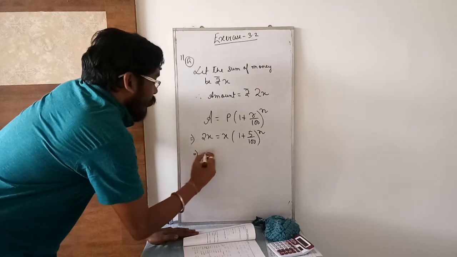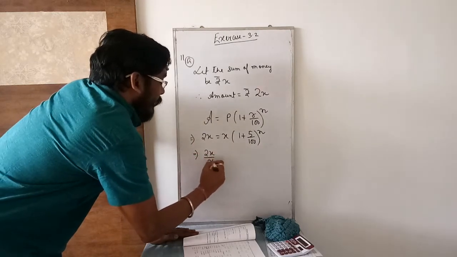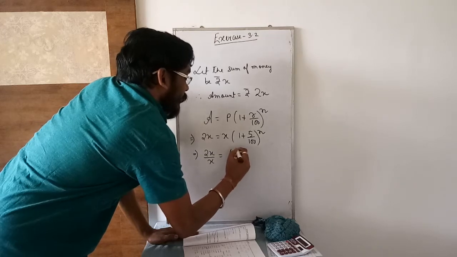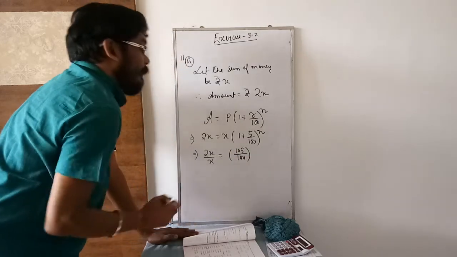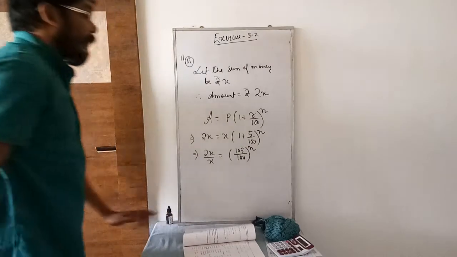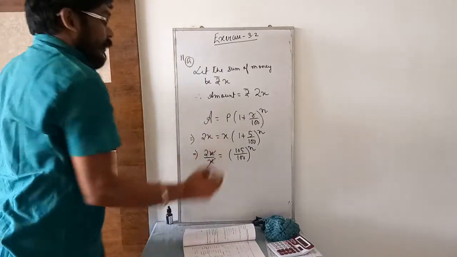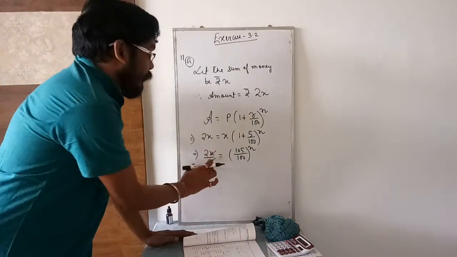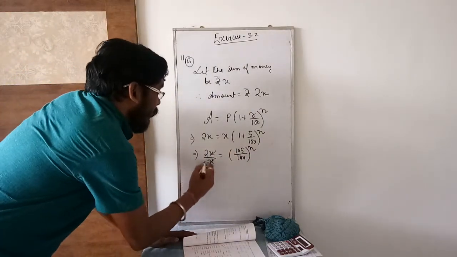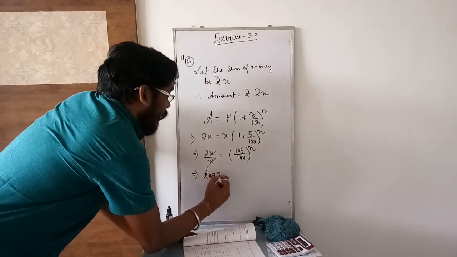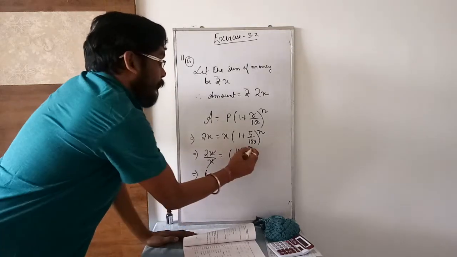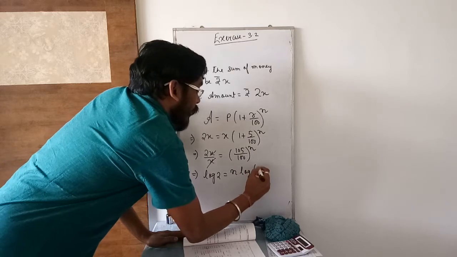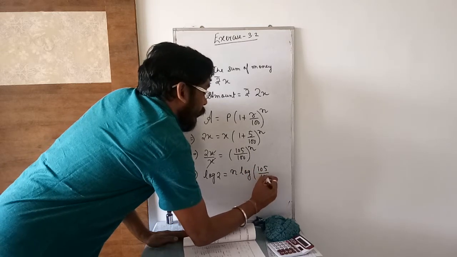So 2x by x equals, if you simplify, 100 plus 5 is 105 by 100, whole to the power n. Here x you can cancel. To get the value of n, I will use log on both sides. So it is log 2, and if I take log this side, the power n will come as coefficient. It is n log 105 by 100.